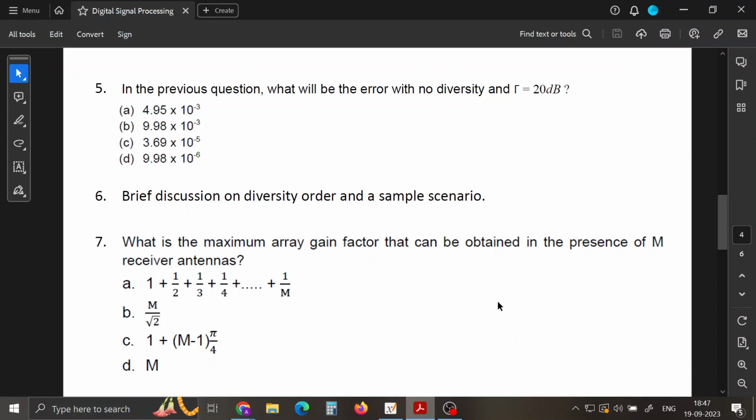We have only one branch with an average SNR of 20 dB, and the same DBPSK modulation scheme is used, as in the previous question. So without any diversity, what will be my bit error rate? Simple.